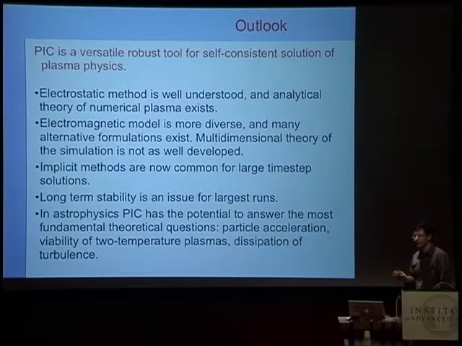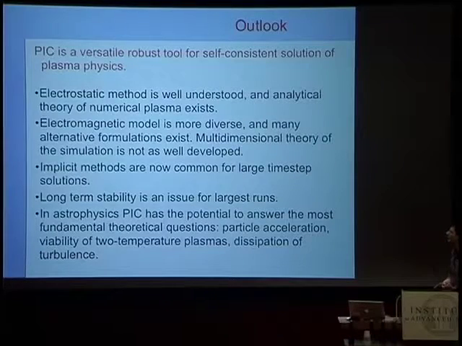Different groups try different things and argue about which one is better. There are several formulations that work better for ultra-relativistic flows, like the simulation that we did. There are methods that work better for non-relativistic flows. There are some approximations you can make. But basically, most of the research now is trying to use these electromagnetic schemes.